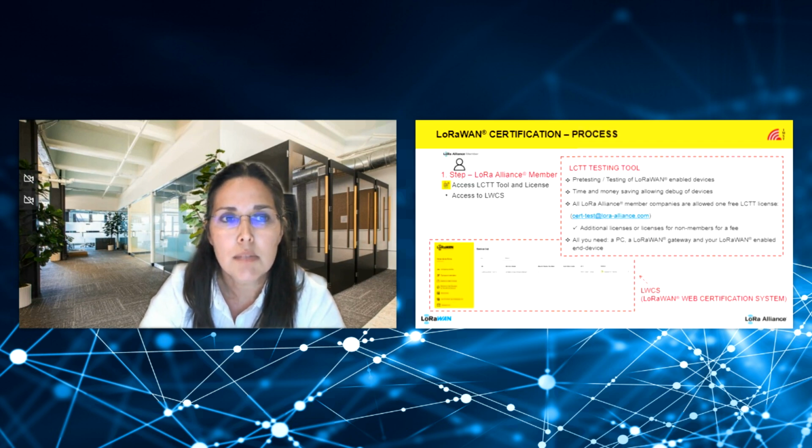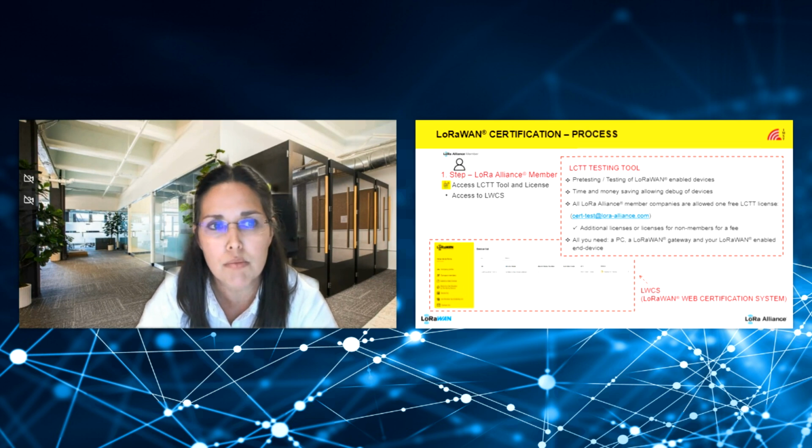The steps to follow for the LoRaWAN certification process could be summarized in a few steps. The first and most important is to become a LoRa Alliance member. Being a member, you will have different advantages.